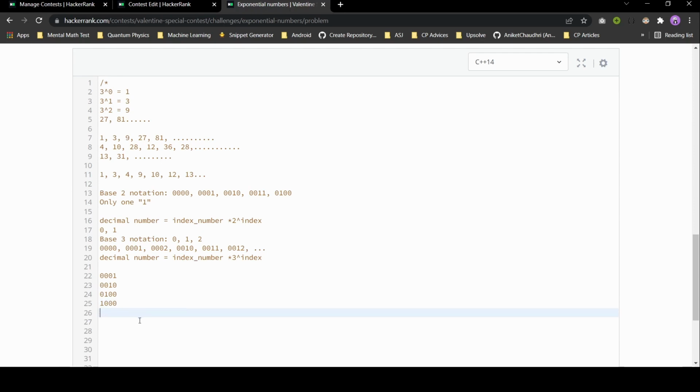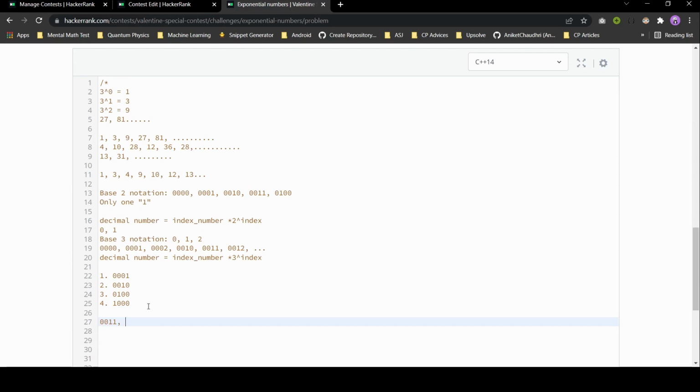So let's consider what we did. If we take any two numbers and just add them, so if I take the first number and the second number, and add them, what I will get is 0, 0, 1, 1.